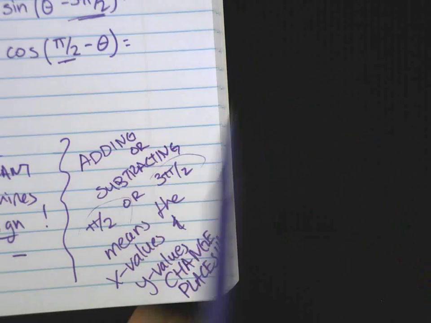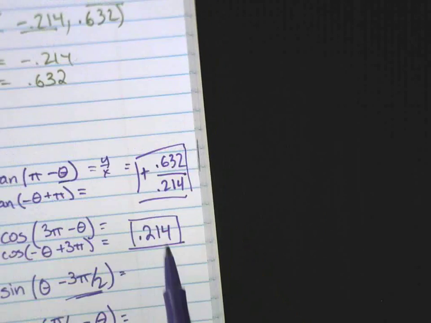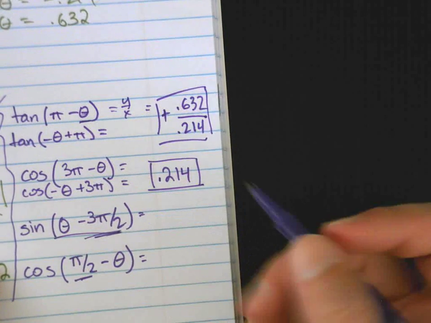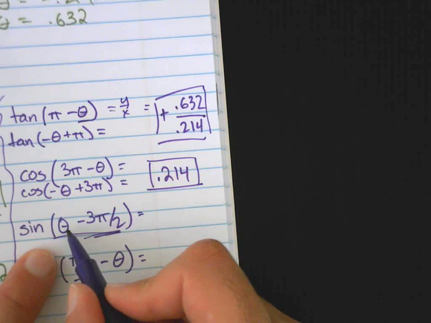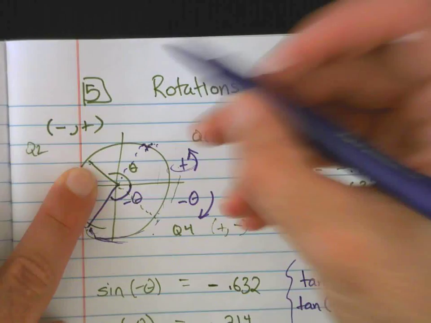So here it is. First thing to do. In this case, we're going to look at theta. Here is theta. So let's go back to theta. And the problem said sine of theta minus 3 pi over 2.